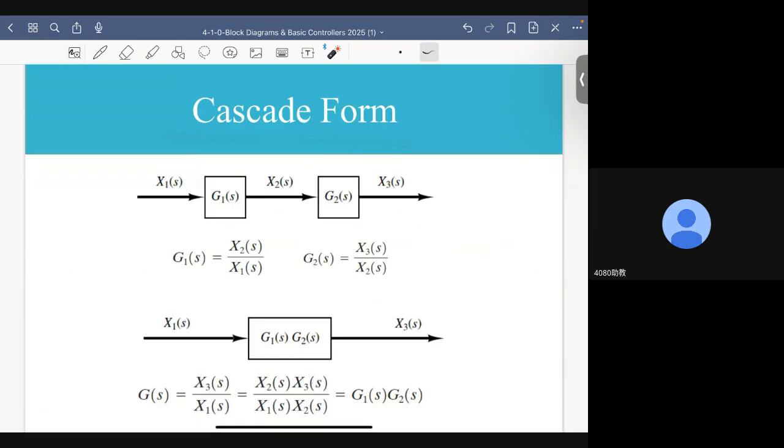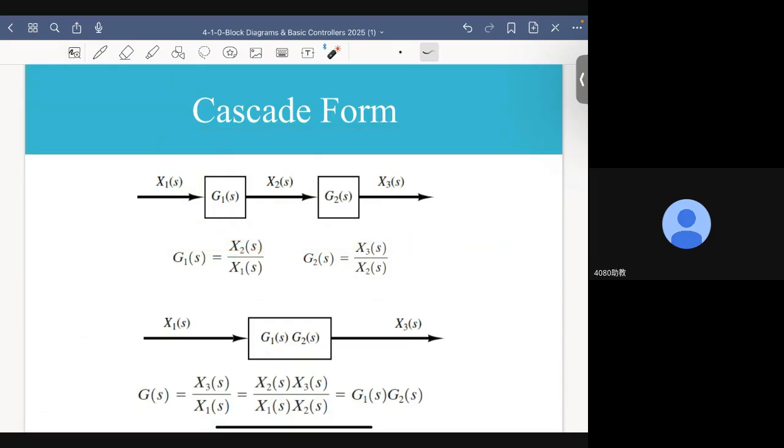Let's say we have two subsystems, or simply two systems. System one has a transfer function of G1, and the second system has a transfer function of G2. We connect them in series, and this is the so-called cascade form.